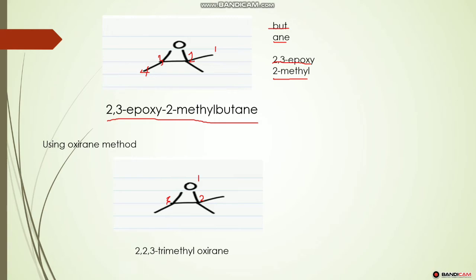In this case, we have 3 methyl groups, 2 coming from carbon 2 and 1 coming from carbon 3. So that gives the name of 2,2,3-trimethyl because we have here 2 methyl. Then we have another here, the hexane, and change the ane to yl, so it becomes 2,2,3-trimethylhexane.